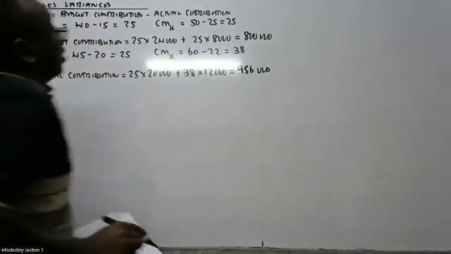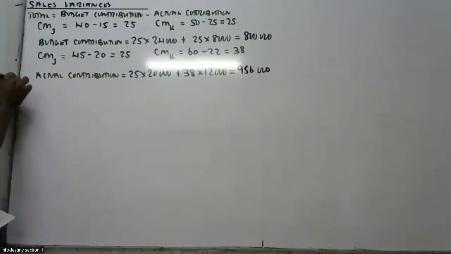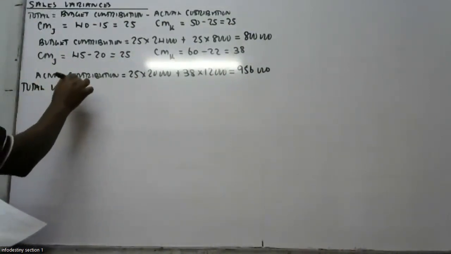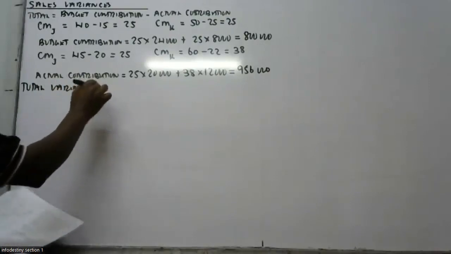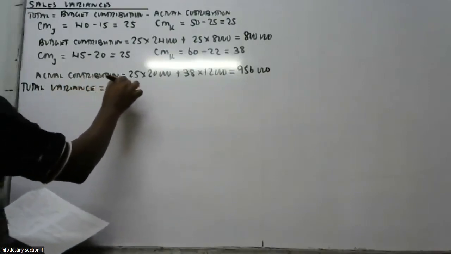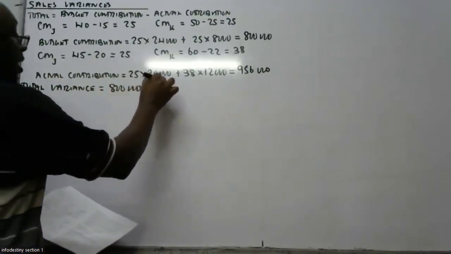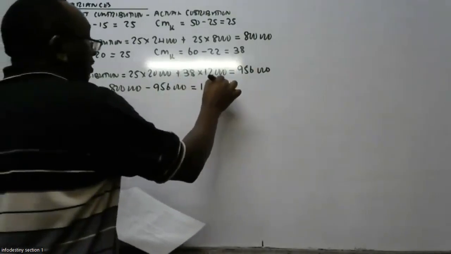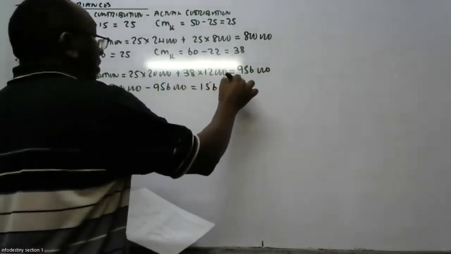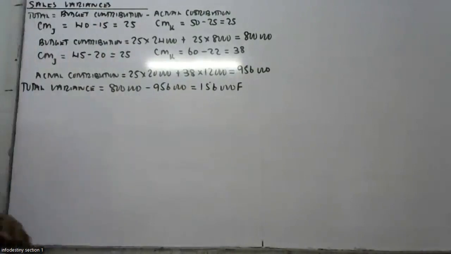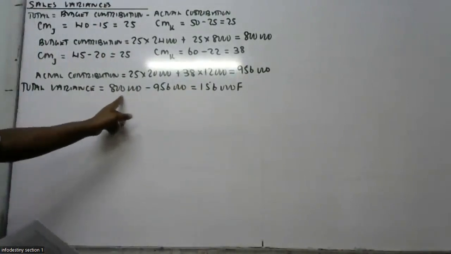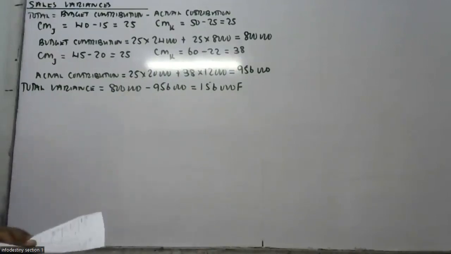Good. So then it means that the total variance will be the budget contribution of 800,000 minus 956,000, and this will be 156,000, and this is favorable. It is favorable because the actual is more than the budget.